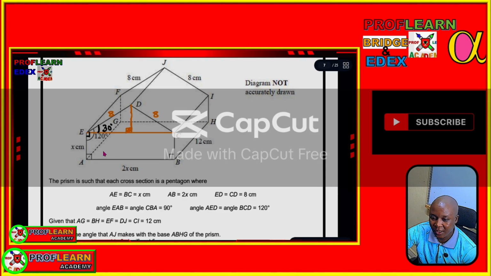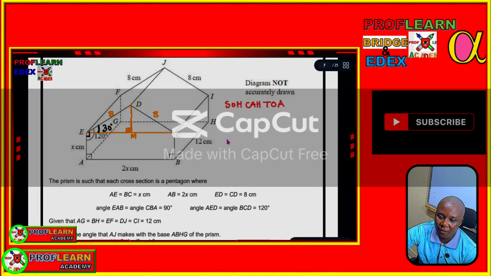Because that's 90 degrees at this point, we can call it M. Then we shall use SOHCAHTOA with the right-angle triangle EMD to find the missing sides.